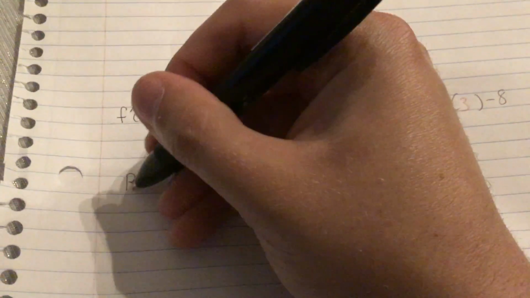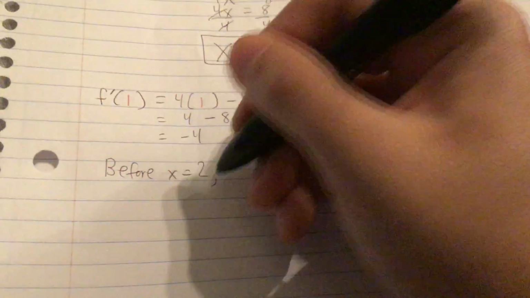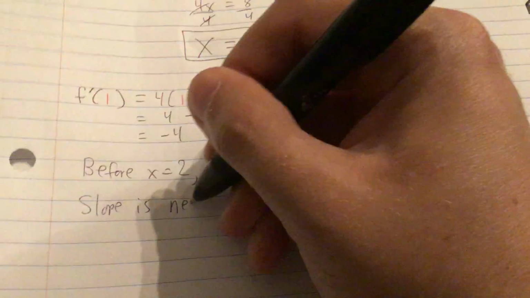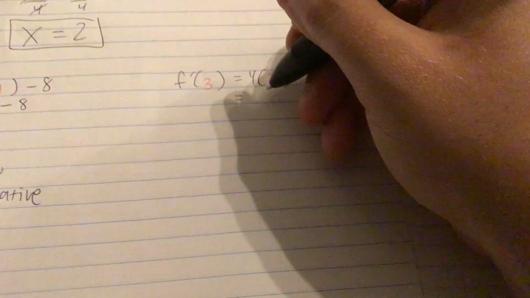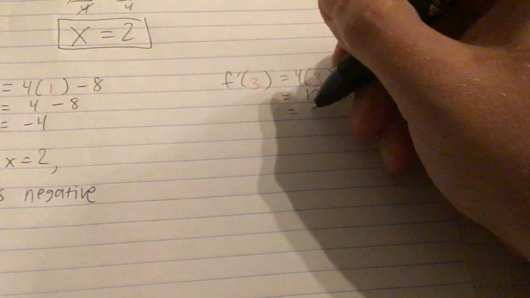Before my critical point, before x equals 2, the slope is negative. And then I go over here, 4 times 3 is 12, minus 8 is positive 4.